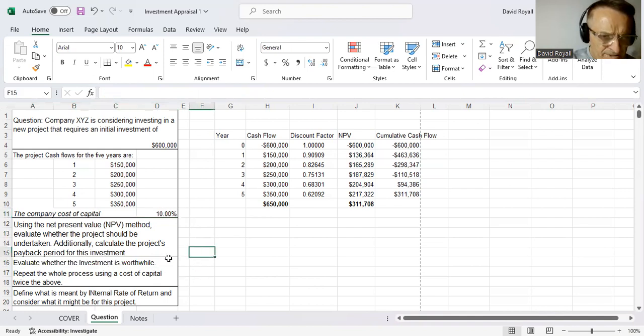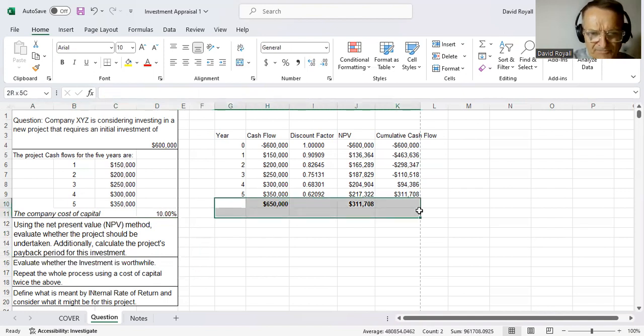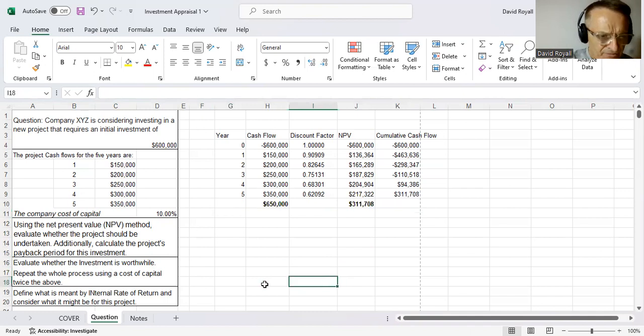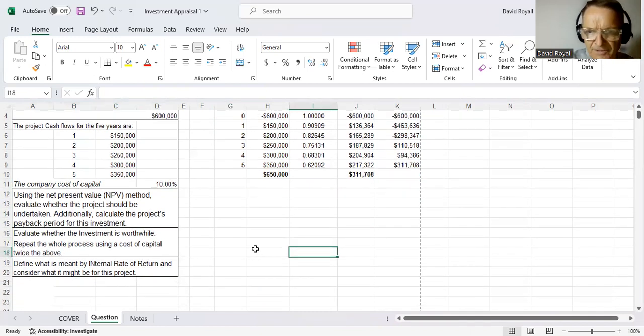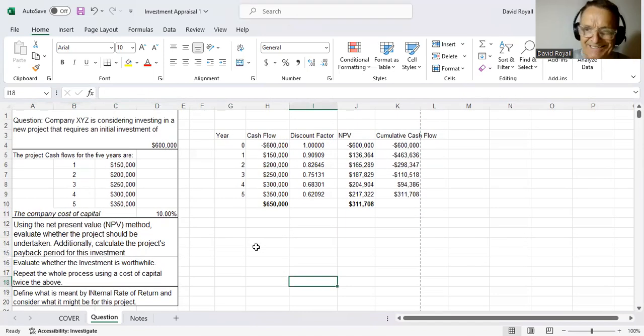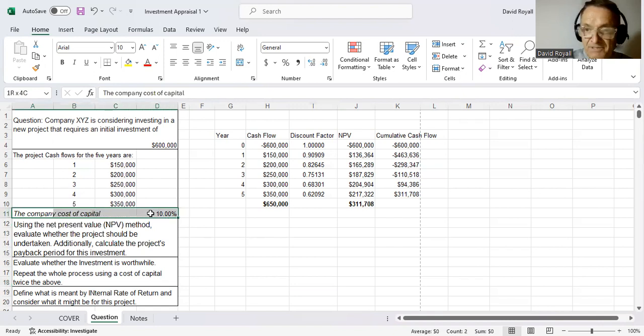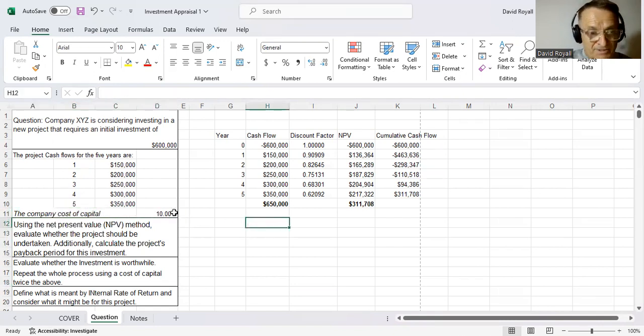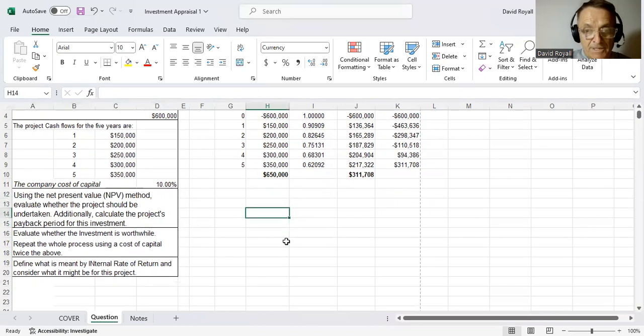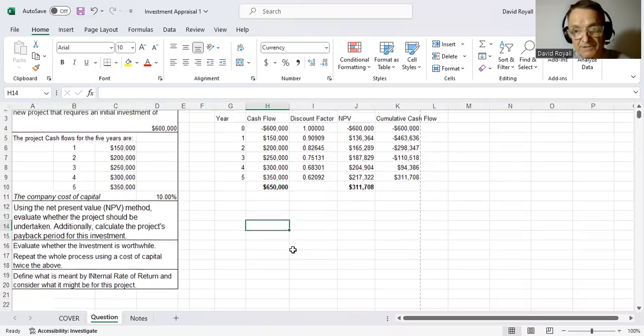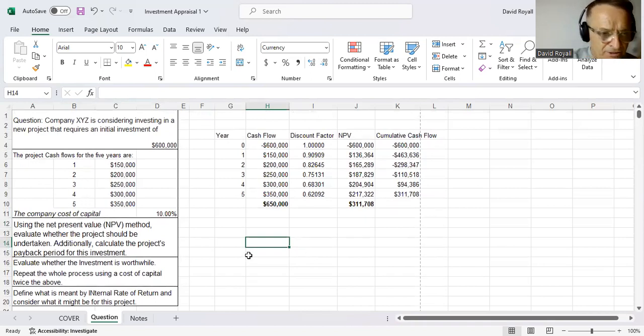So, is it worthwhile? Yep, if that's what you think you're working in a fairly stable environment. And certainly when I'm doing this video, I would say that's pretty good. I can't see interest rates going above 10%, much above 10%, or cost of capital much above 10% now. Okay, but some smaller businesses, you know, they might get charged more than that.